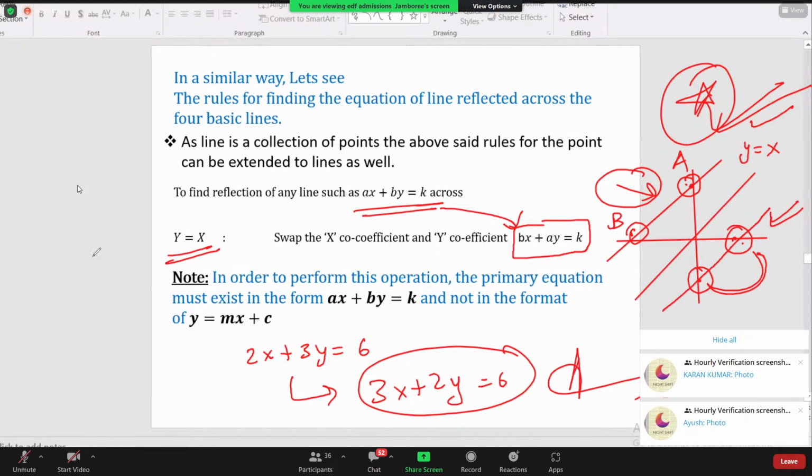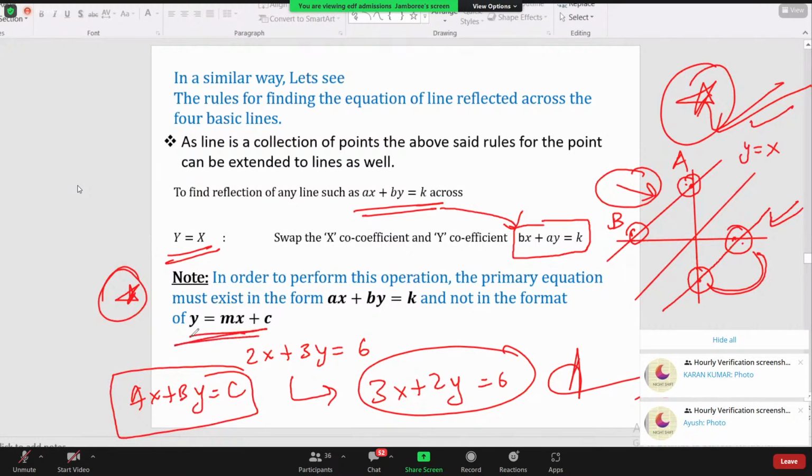But yes, there is an important aspect associated with it. The line should be of the form ax plus by is equal to c. It should not be of the form y is equal to mx plus c. If it is in this form, you need to convert it and then write it in the other form. So this can be exchanged only in the context of ax plus by is equal to c, not otherwise.